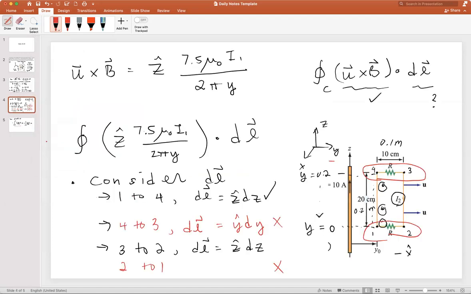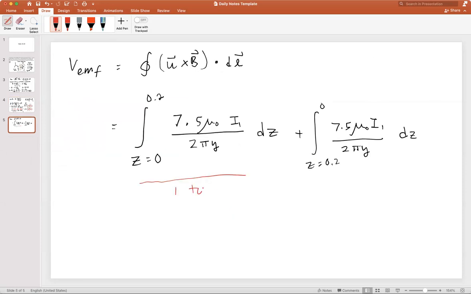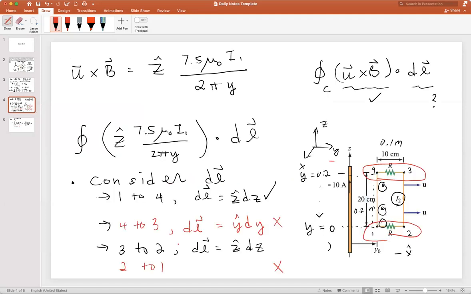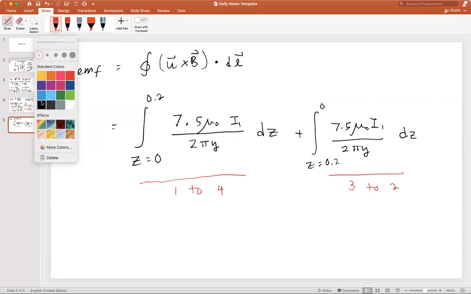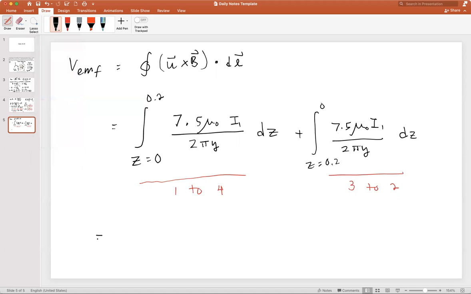So this integral goes from 1 to 4, and this integral is from 3 to 2. We can solve this now quite simply for both of these cases.